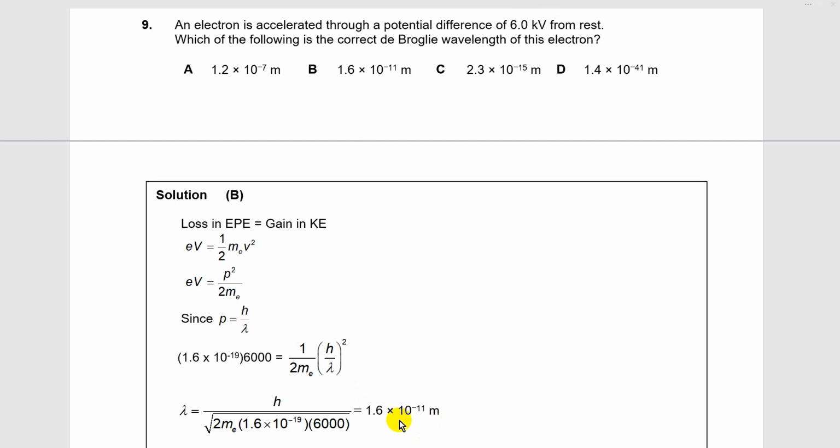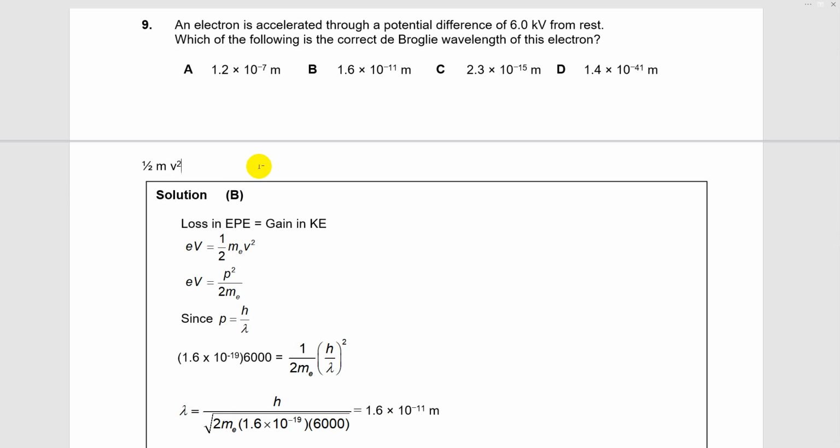A faster way would be, instead of using half mv squared as the formula for KE, we can use another formula for KE, which is p squared over 2m. How do we get half mv squared into p squared over 2m? Basically it's like this. We have half mv squared.